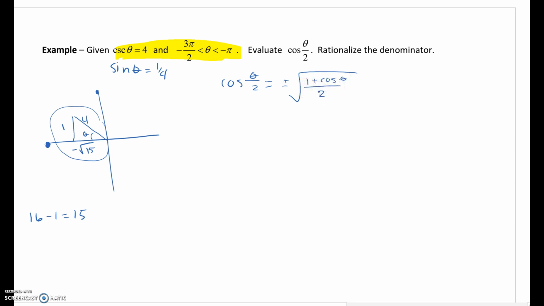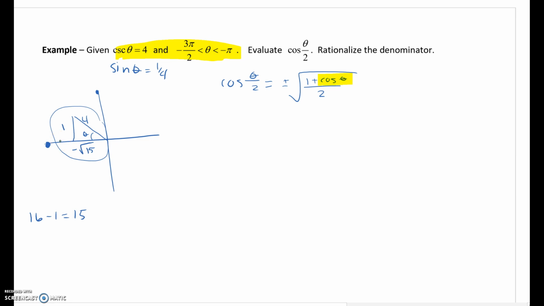The cosine of theta comes from the triangle we just did. The plus or minus is determined by the quadrant the half angle is in. It doesn't matter what quadrant it's in when we're plugging in our numbers for theta; it only determines the plus or minus.